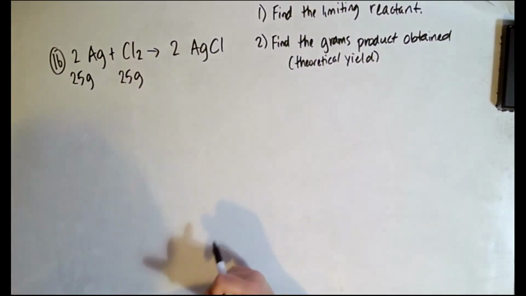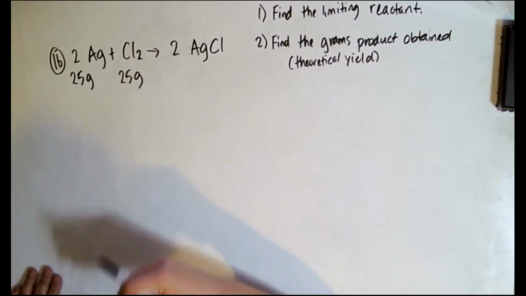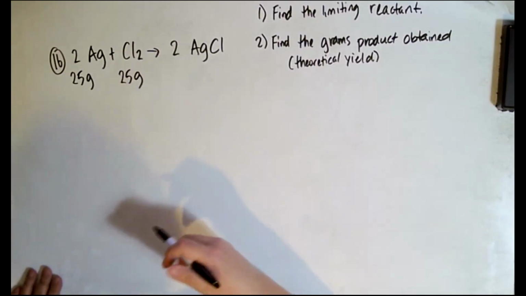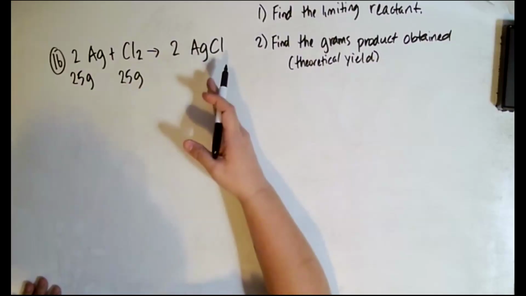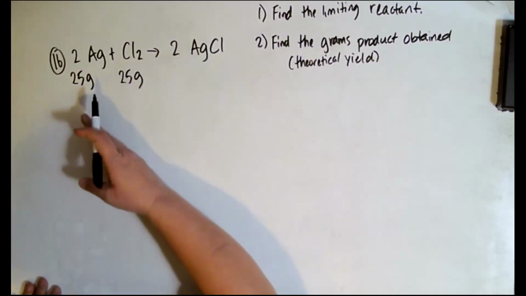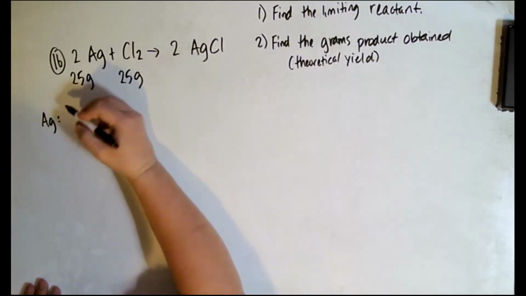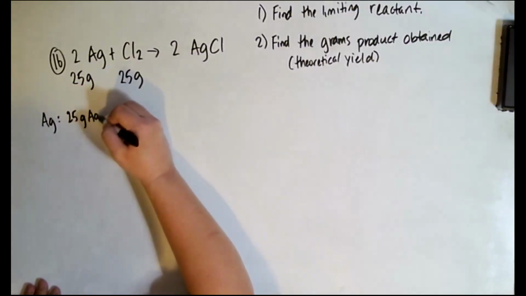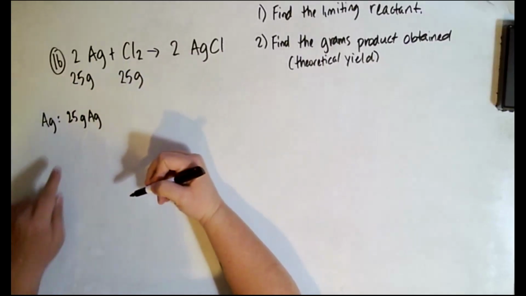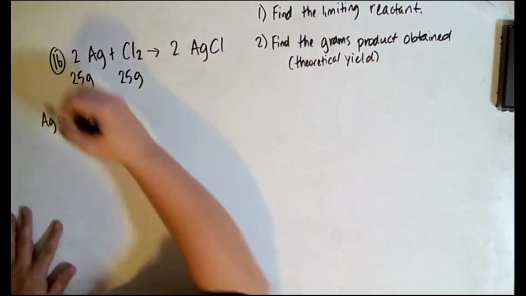So if you have a reaction with 2 reactants, then your first step in any question like this is to do 2 calculations, each calculation telling you how much product your reactants can produce. So we're going to do a calculation for the silver. For our silver, we have 25 grams of silver. We're going to go from grams of silver into moles of silver.